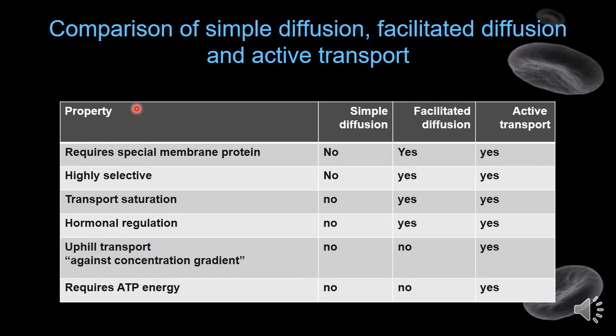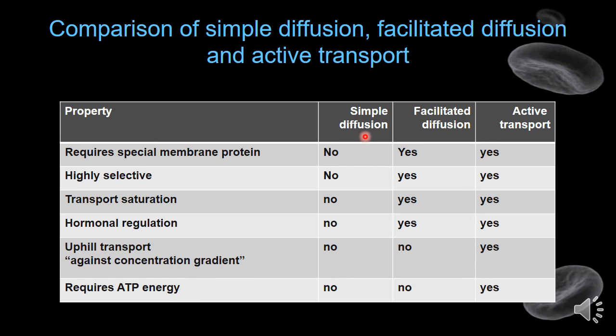These columns show the properties of the transportation: whether it requires a specific membrane protein, whether it is highly selective, whether the transportation is saturated when the concentration is increased, whether the transportation is regulated by hormones, whether the transportation is against the concentration gradient of the material or not, and lastly, whether the transportation requires ATP energy or not.